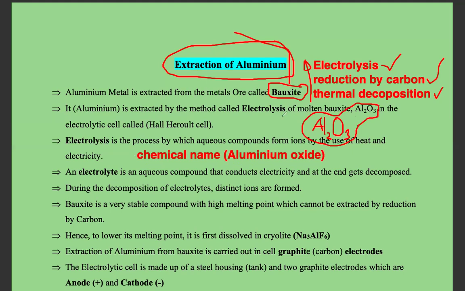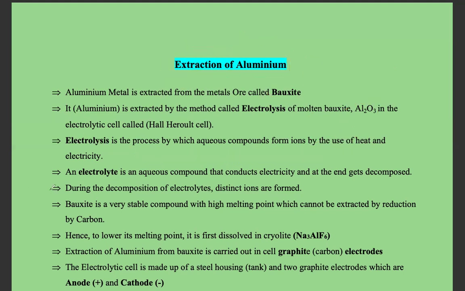Okay. So far, so good. And we were saying that more reactive elements form very stable compounds. So at this aluminium, we expect to have a very stable compound. That's why the method we're actually using is electrolysis. So this point says here, aluminium is extracted by the method called electrolysis.